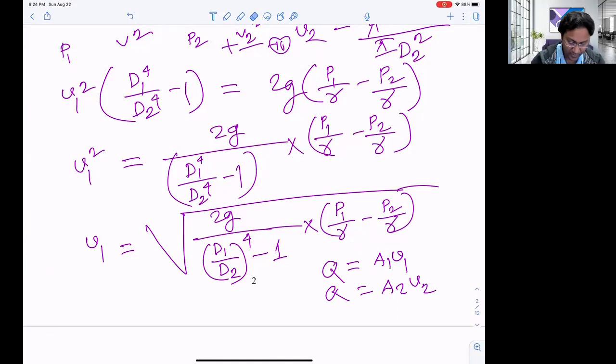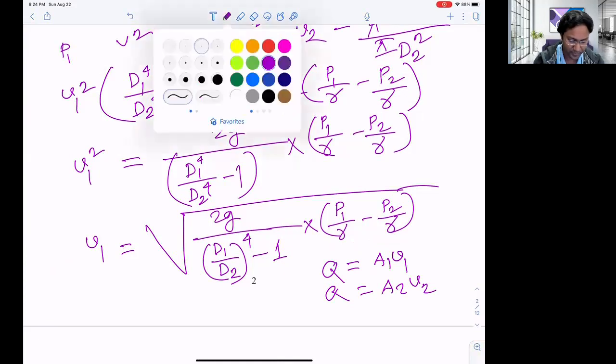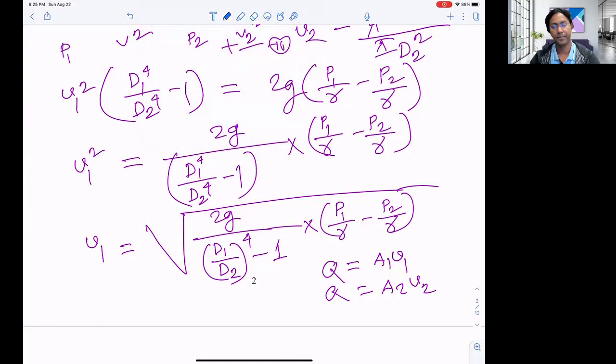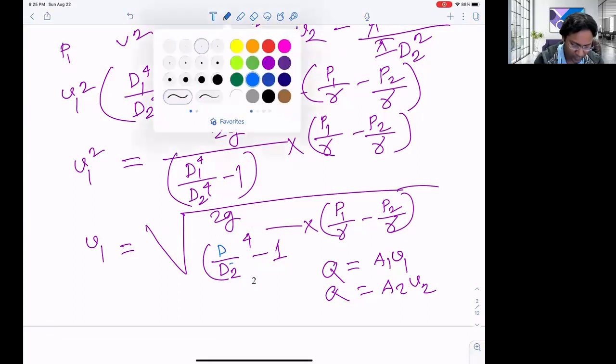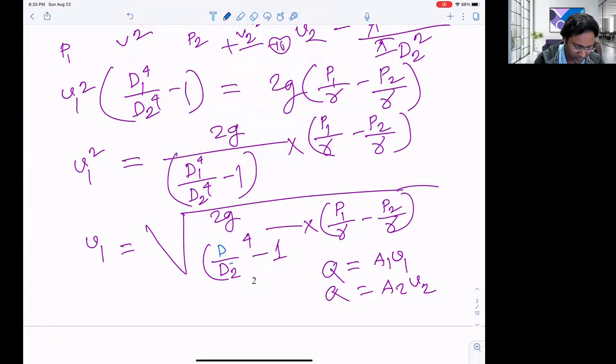So let me consider another term, because the equation looks pretty complex, right? So we can even simplify, because for any specific Venturimeter or setup, D1 and D2 are constant. This won't be changed for any device. D1 and D2 will be fixed. Let me quickly go back to the previous stage.